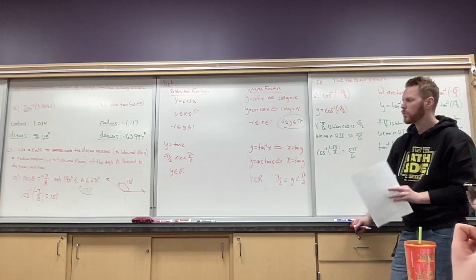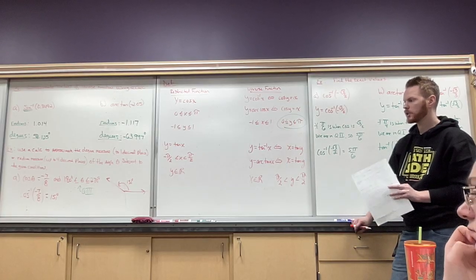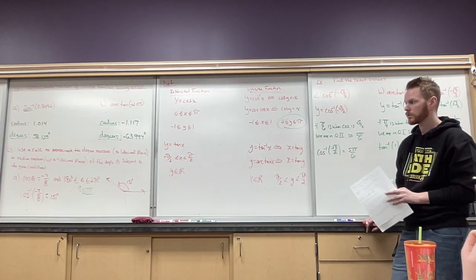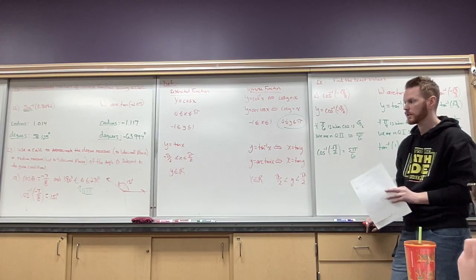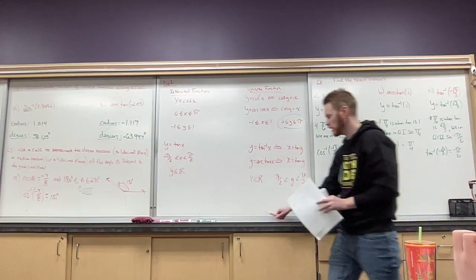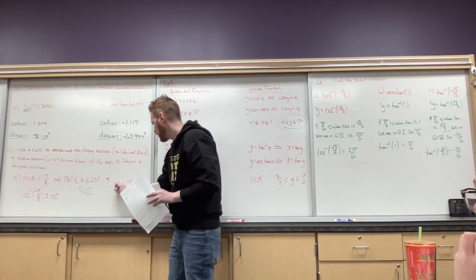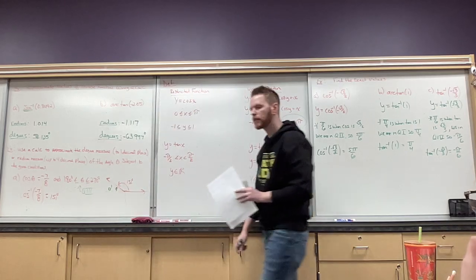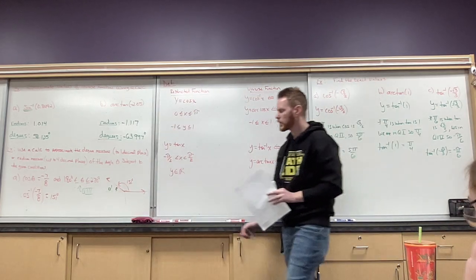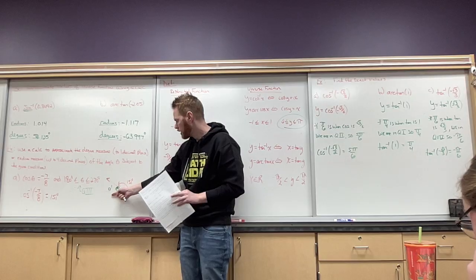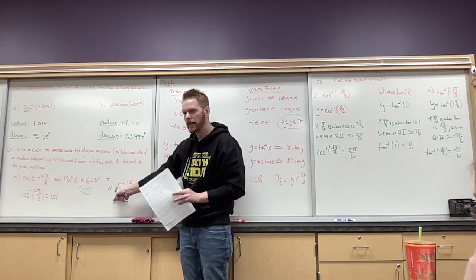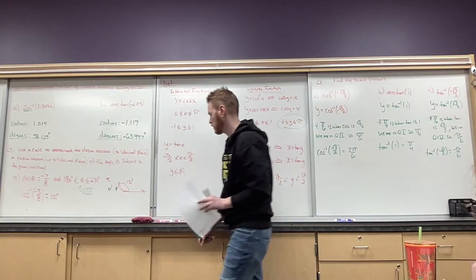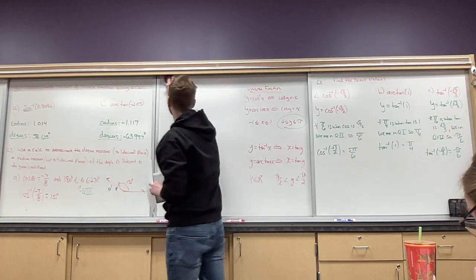So again, I want to go to quadrant 3, but I don't want to mess up the value of cosine at all. So is there a value in quadrant 3 that we can use that still gives me the same result? Absolutely. So here's what we can do. I'll make this theta prime. If we find the reference angle, I can use the reference angle and add it to 180 to figure out the angle measurement in quadrant 3 that satisfies this.